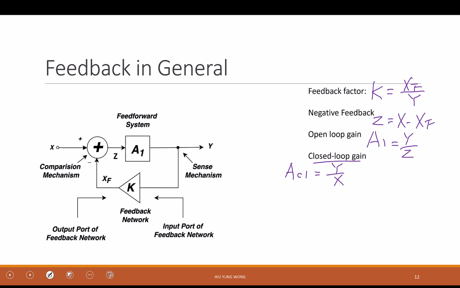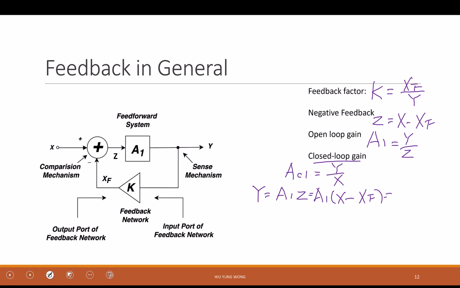Okay? So what is this? Let's just try to derive it. I know Y equals A1 times Z, right? Just go for the root. Does it make sense? How about what is Z? How do you find Z? X minus XF, right? Just step by step. But I still don't know what XF is, right?